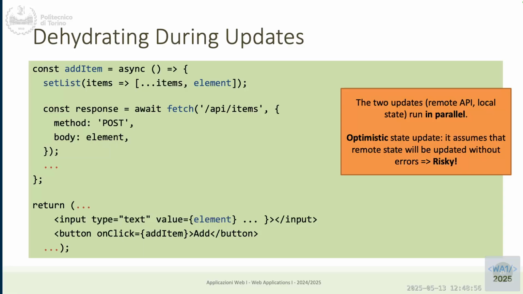We can add the new item to the list locally in the client, and so it will immediately show in the page. And in parallel, we are saving this data to the server. Optimistic update. I expect this update to be saved correctly, and so I show it in zero time. The interface already shows some data which is not stored in the server yet. It will be in a moment, hopefully.